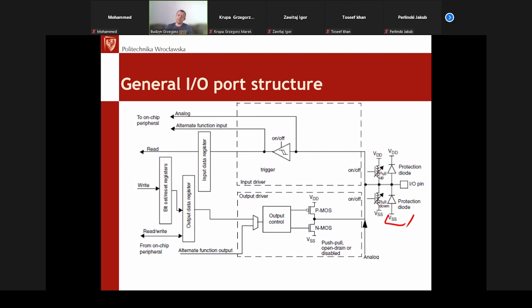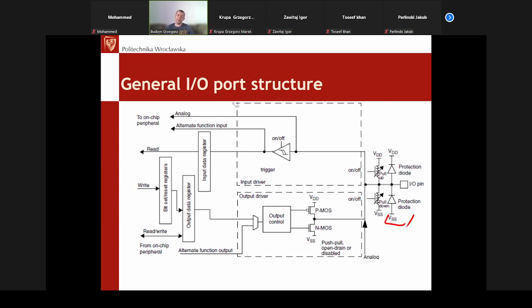The protection means that there is some clamping current that must not be exceeded, because the clamping current is protecting the rest of our device, of our pin, against breakdown.